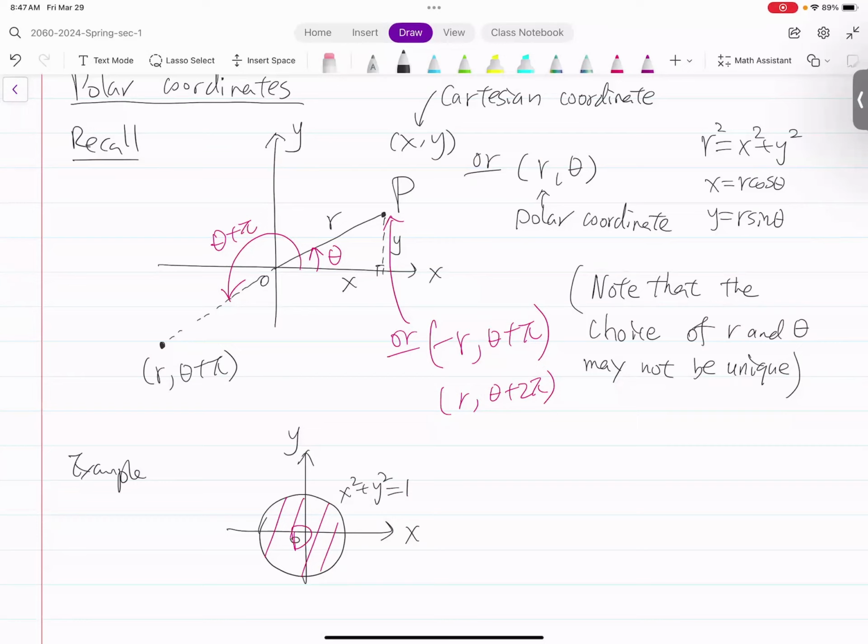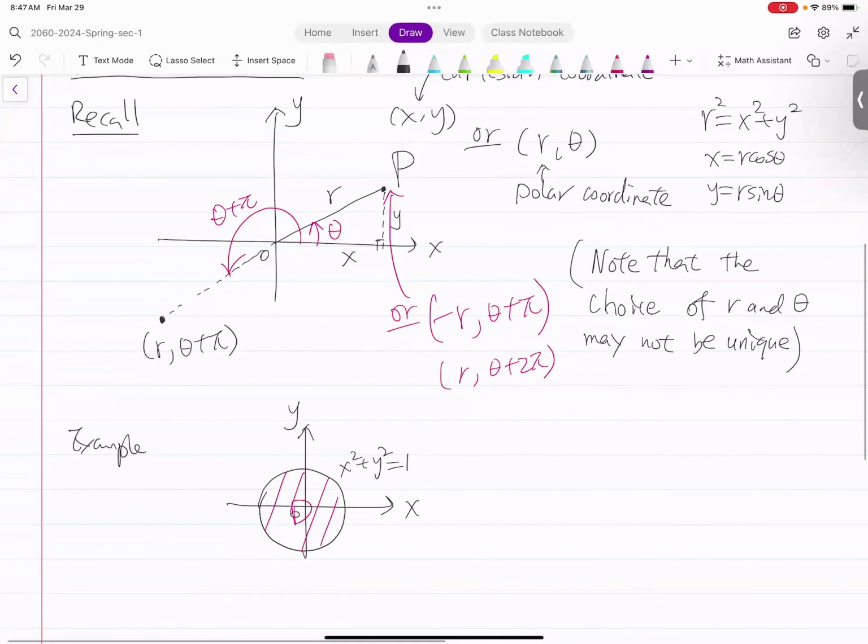So here for this region D, for the angle theta, it definitely covers one period, from 0 to 2 pi, let's say. But then we know that the distance from any point within the disk to the origin is upper bounded by 1.